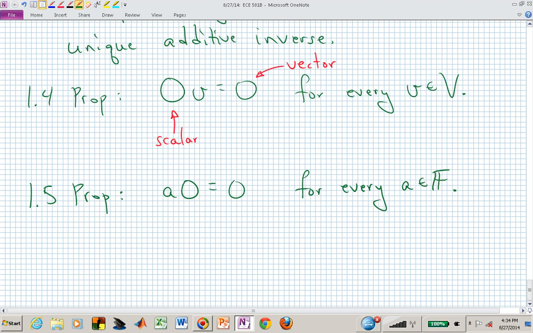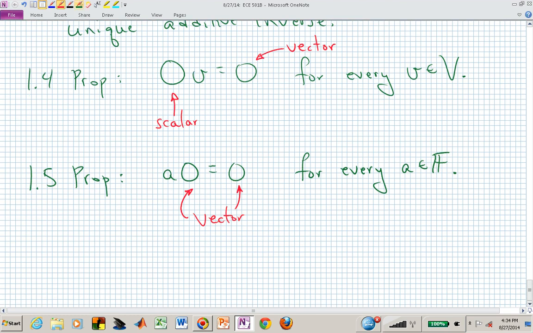Here our zeros are the same, on opposite sides of the equality: a zero vector on the left and a zero vector on the right, and it's clear from context. Meaning I could say vector there and there. So no matter what you pull out of your field of numbers, if you use it to scale the zero vector, the result is the zero vector. That's proposition 1.5, and it's true for every vector space.